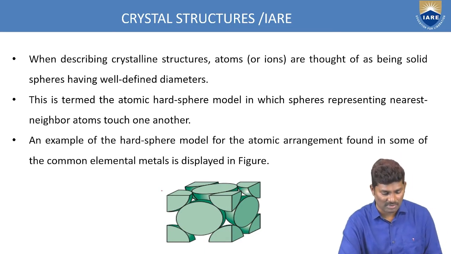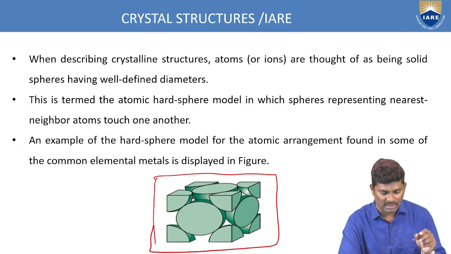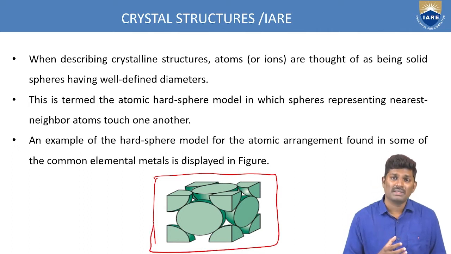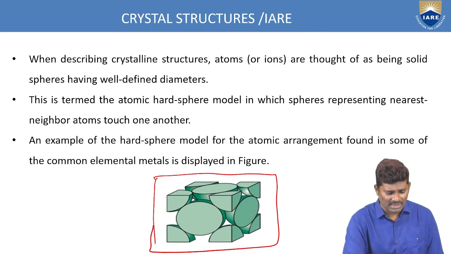This is an example of an atomic hard sphere model you can see here. When it is said to be hard in nature, it means the bonding between the nearest neighbors is very strong. If the bonding between the neighboring atoms is very strong, then that material is said to be the hardest material. So this is an example of a hard sphere model for the atomic arrangement.